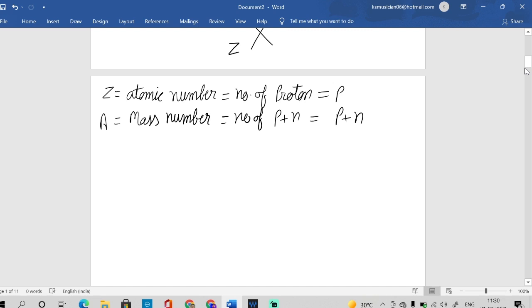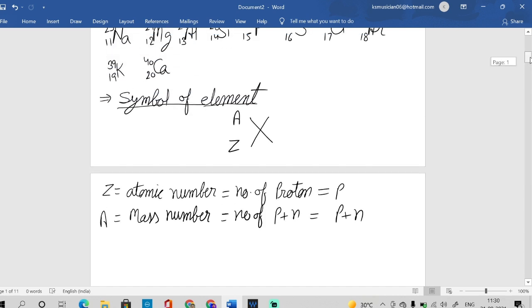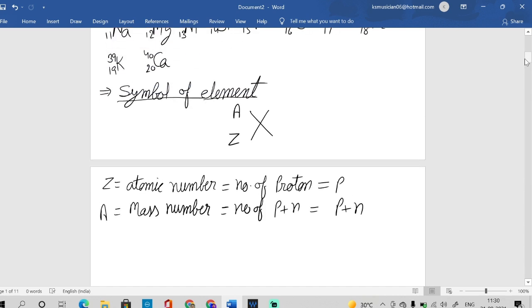Next we have A, that is the mass number. You can see there is a capital A written on the top left side here. It is called the mass number, and it is equal to the number of protons plus neutrons.